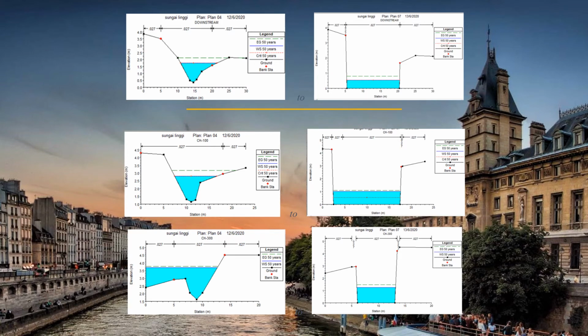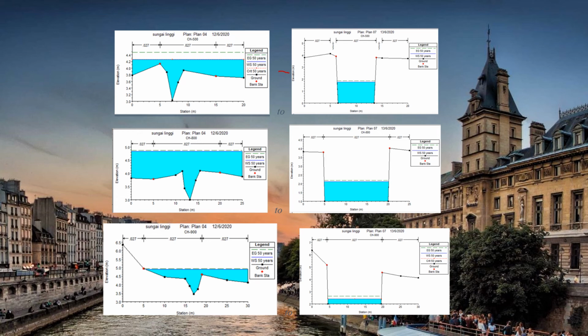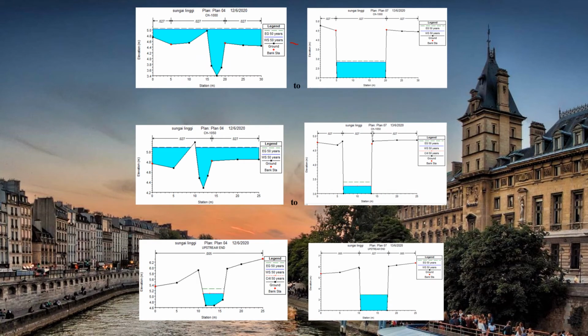Next, as you can see, this is before modification and this is after modification for 50 years. I did all 9 chainages, as you can see, because they have some overflow of water.